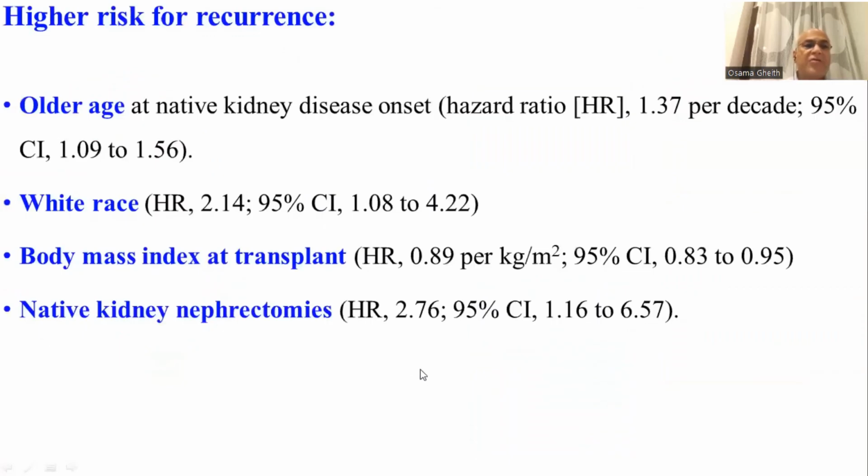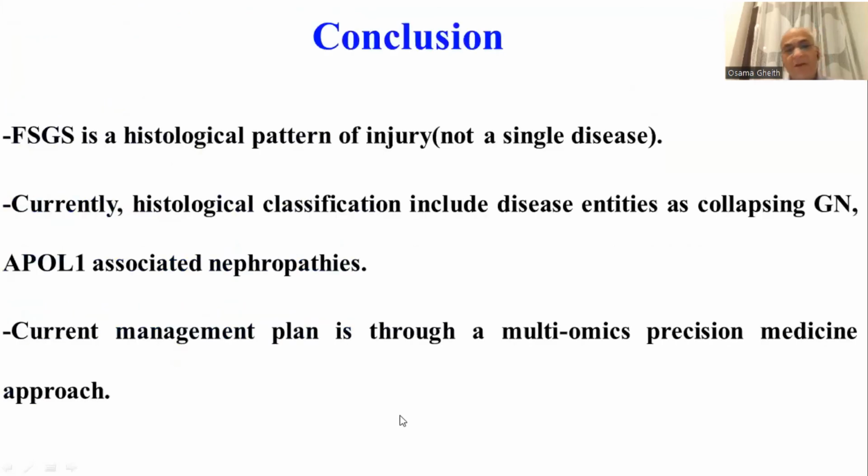They also concluded that there are some risk factors for recurrence, especially older age, white race, body mass index at transplant, and native kidney nephrectomies.